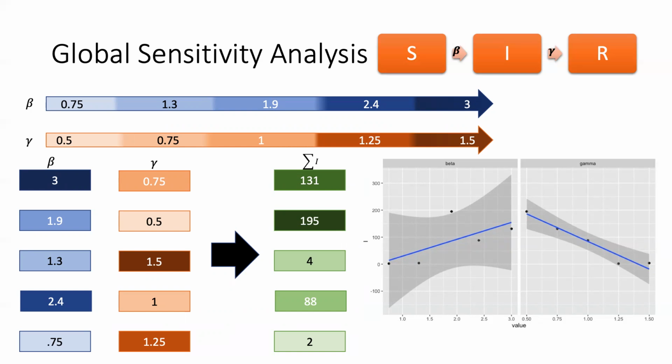Now, the most common way that we do global sensitivity analysis is using Latin Hypercube sampling. And just basic overview for those who aren't familiar with Latin Hypercube sampling. We have this distribution of beta between 0.75 and 3, and a distribution of gamma between 0.5 and 1.5. We're going to call them uniform distributions for simplicity. So let's say we have a uniform distribution for each.